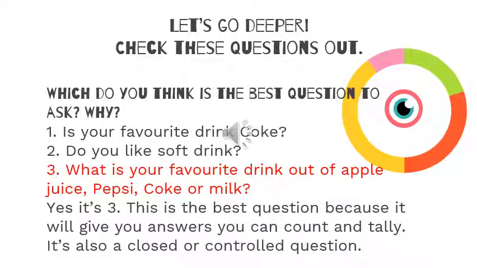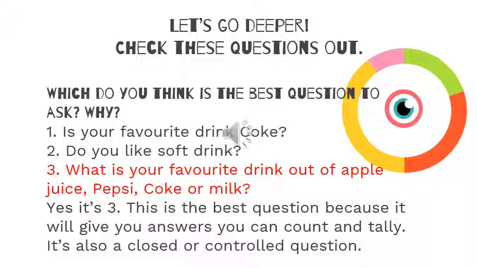How did you go? Which did you think is the best question to ask? That's right. It's question 3. This is the best question out of 1, 2, and 3 because it will give you answers that you can count and tally.